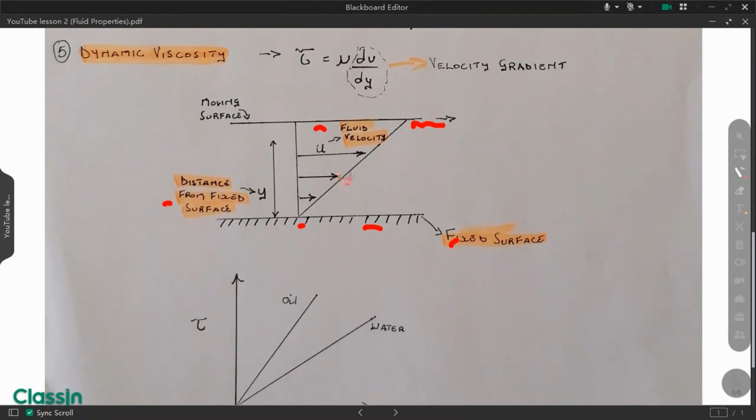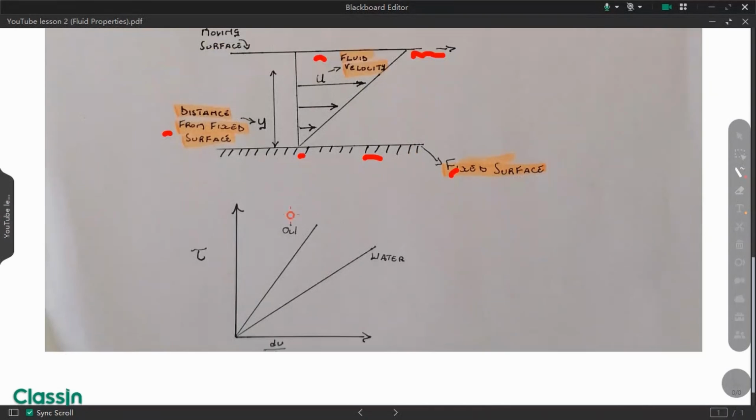So dynamic viscosity is just a property that helps us determine the shearing stress of a fluid. That's what it is.